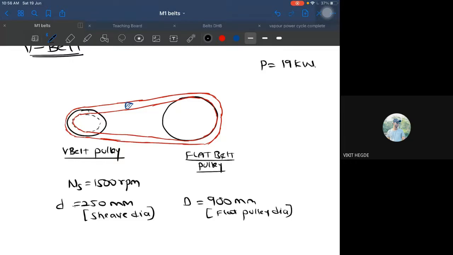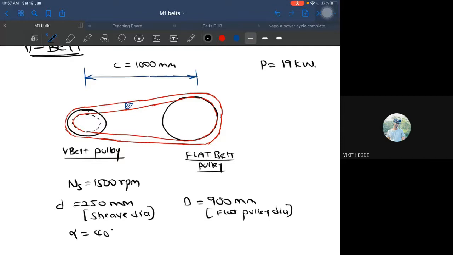Next, the center distance between the shafts is 1000 mm. Okay, that is the center distance. Next, the groove angle is 40 degrees. Now here, the groove angle alpha is 40 degrees.